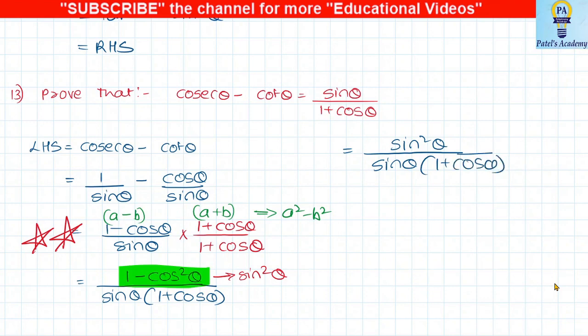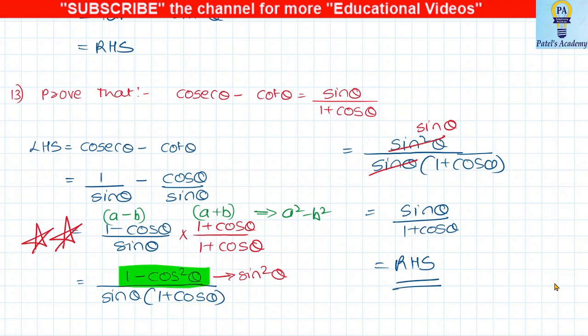Now students, this is the reason why I kept the denominator as it is. Now sin will cancel. So sin, and this is sin square, so one sin is left. So what I get is sin theta upon 1 plus cos theta. And that is nothing but the right hand side we have. So that star step is important.